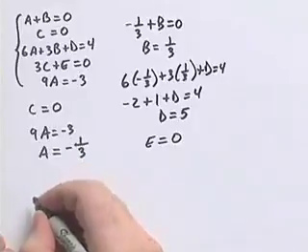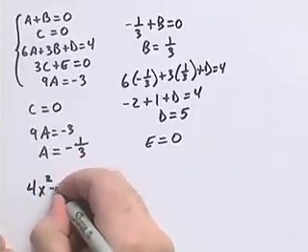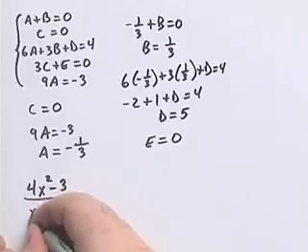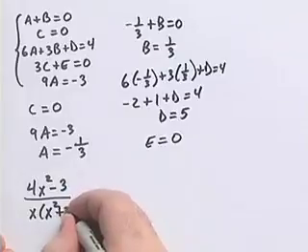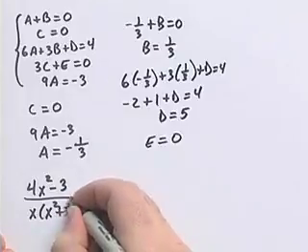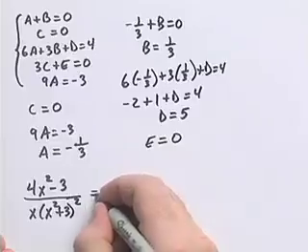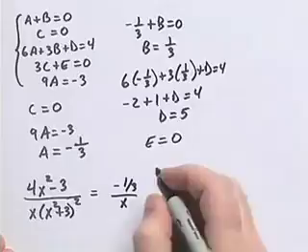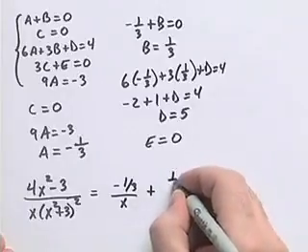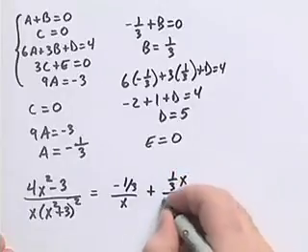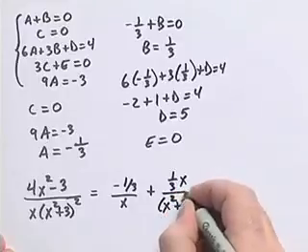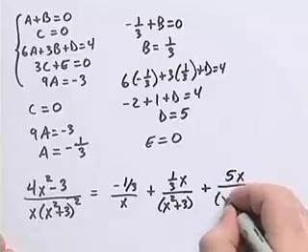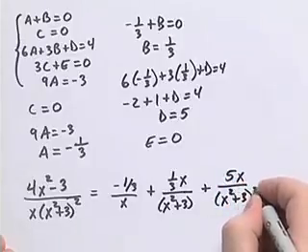We're going to say that 4x squared minus 3 divided by x times x squared plus 3 quantity squared is equal to negative 1/3 over x plus 1/3 x over x squared plus 3 plus 5x over x squared plus 3 quantity squared.